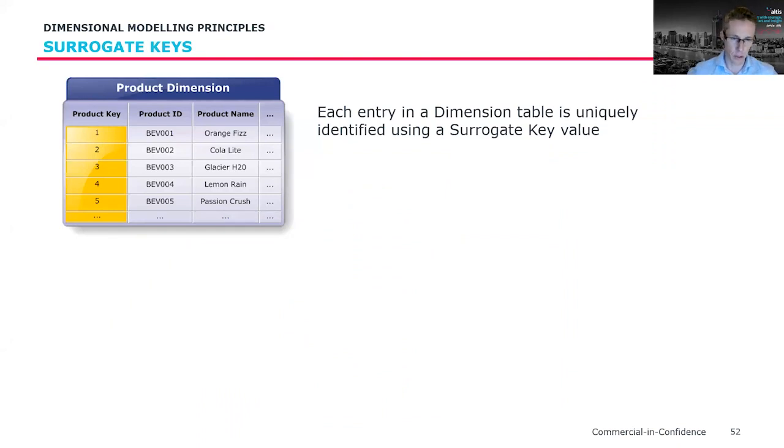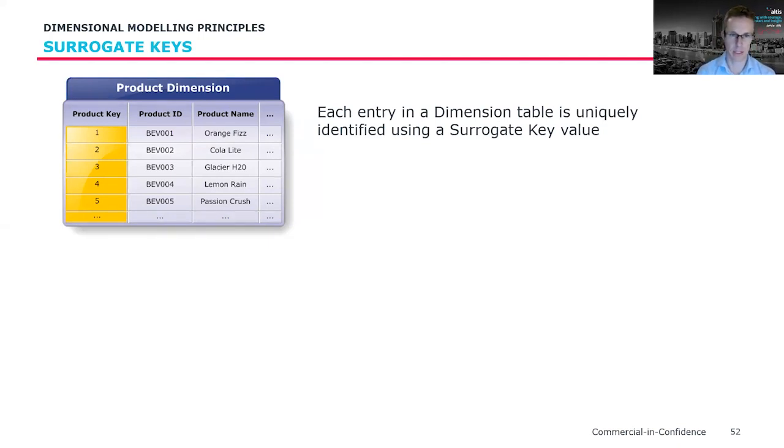So you might recall, if I ask you to cast your mind back to when we talked about the elements of a dimension, we said there was two, or I said there was three, but I was only going to talk about two. So this is the third one. You might recall we talked about the elements being the business key, which in this case is the product ID. And then we talked about the attributes, which in this case is the product name and more that aren't depicted in this diagram.